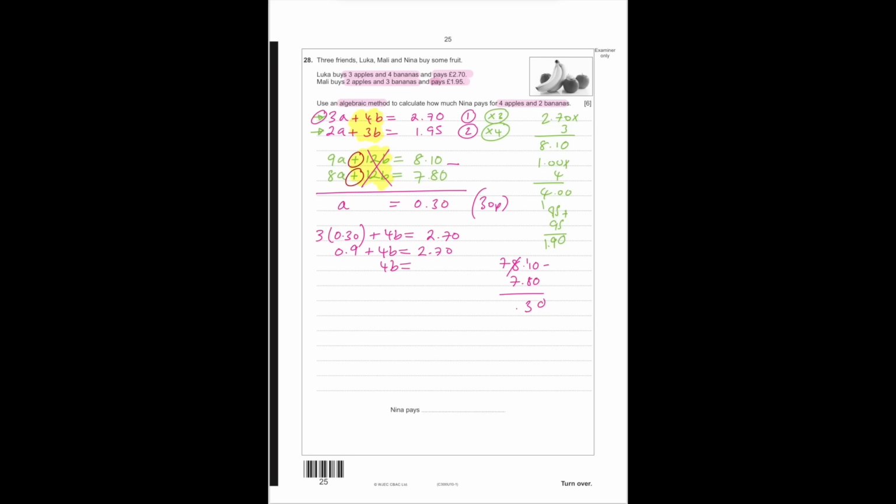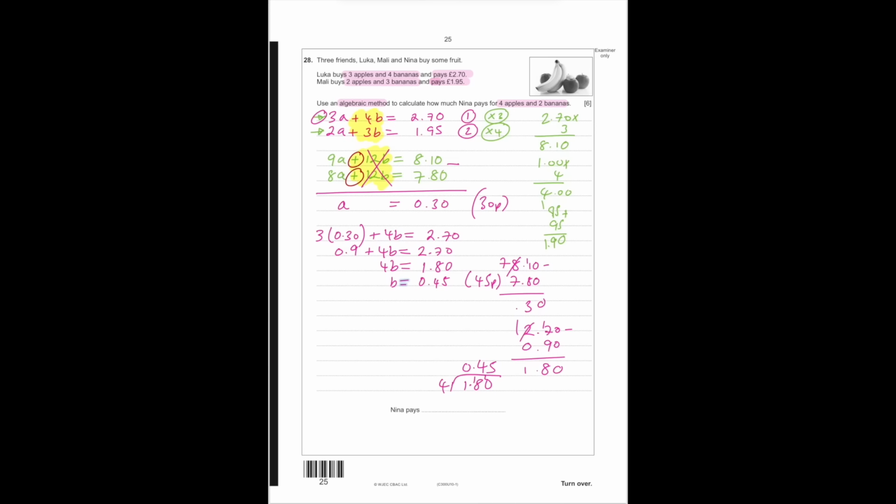So 4b is equal to £2.70 take away 90 pence. So b is £1.80 divided by 4, that's 0.45. So that's 45p.